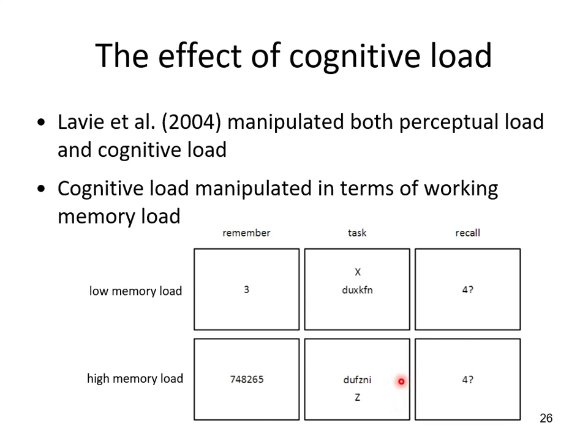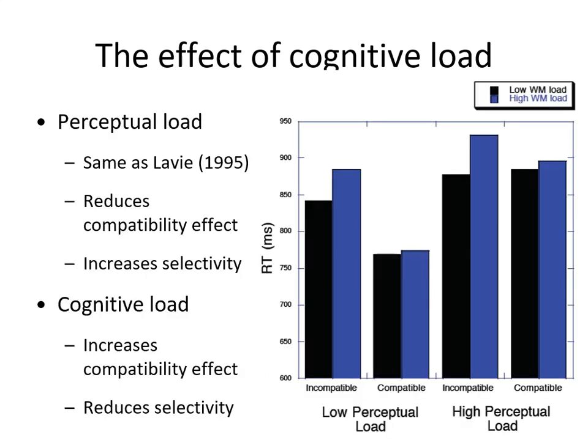Therefore, you have a high memory load, high perceptual load condition; a high memory load, low perceptual load condition; a low memory load, high perceptual load condition; and a low memory load, low perceptual load condition. So you have all 4. Therefore, you can study the effect of perceptual load and cognitive load in this experiment.